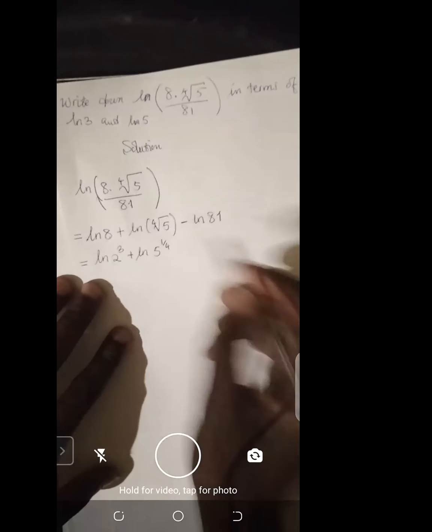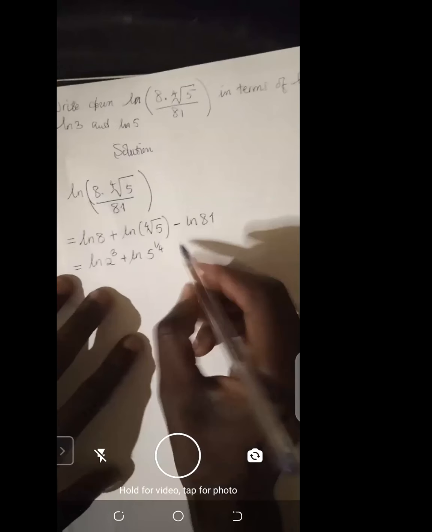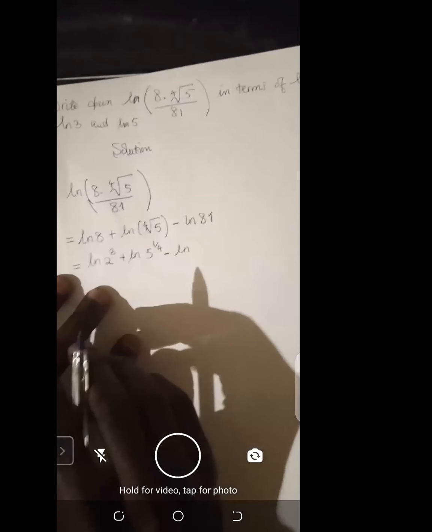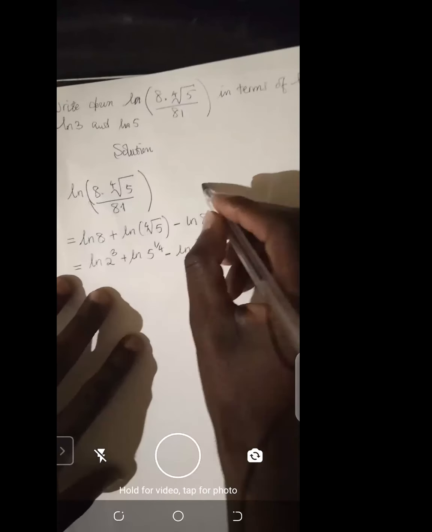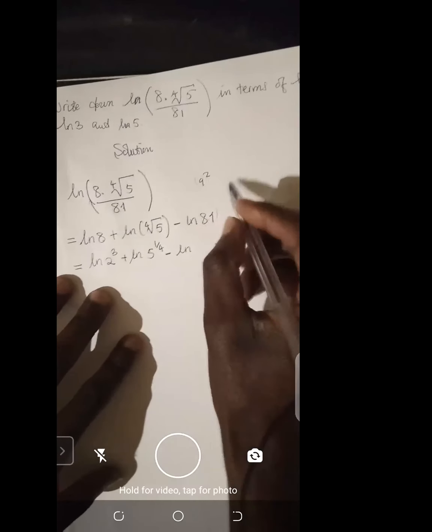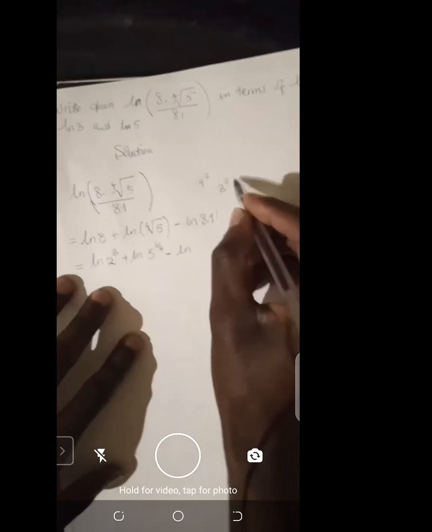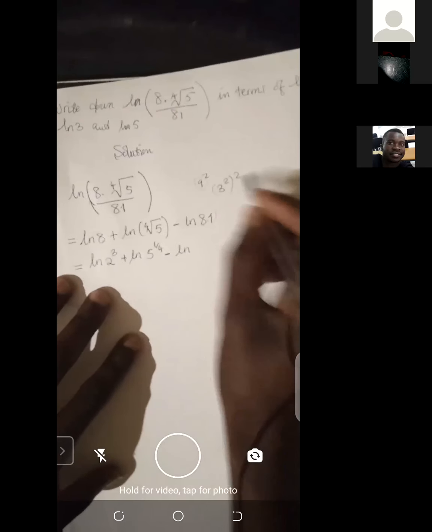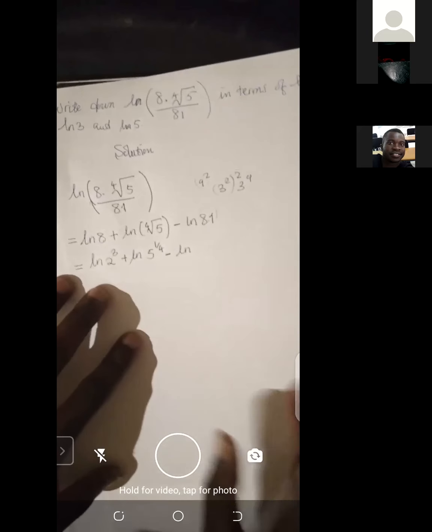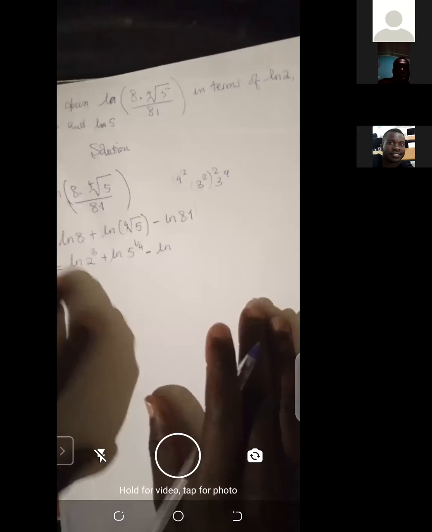Then 81 can be written as, first of all, 9 squared is 81. Then 9 is 3 squared, which is 3 to the power 4.